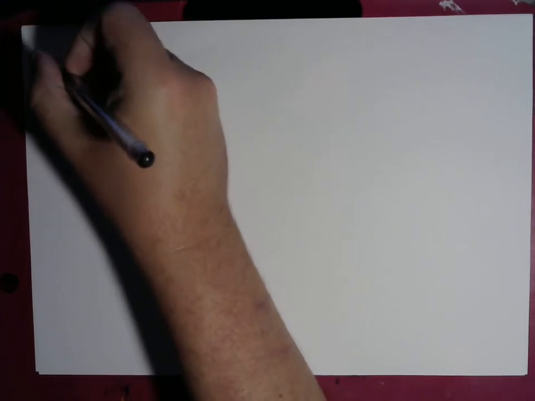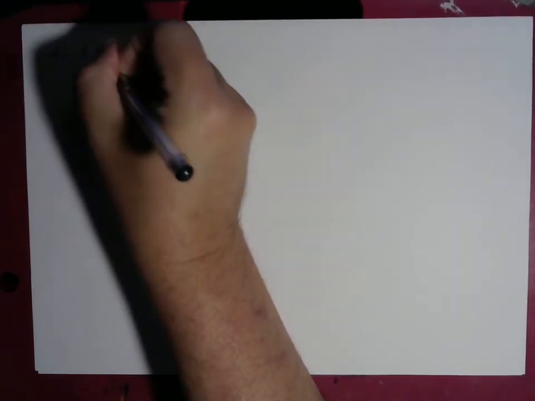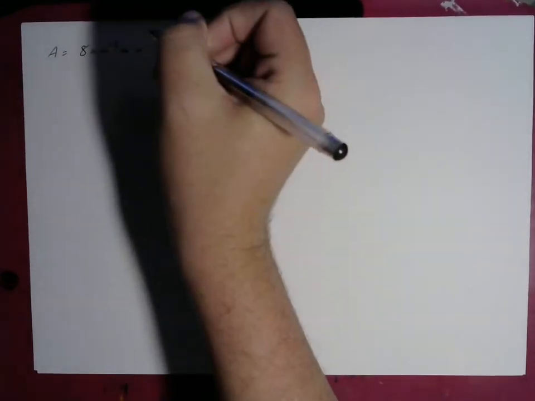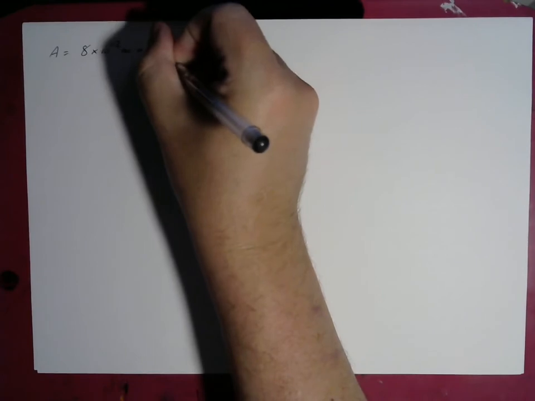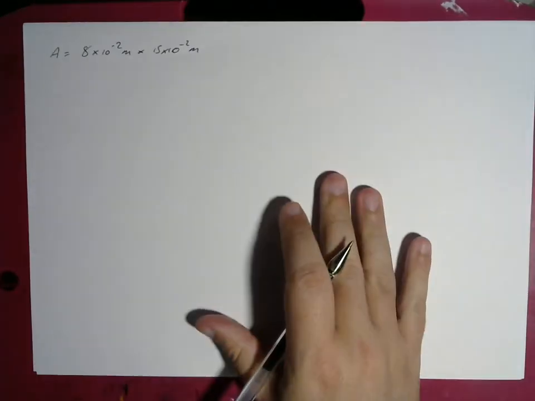We are told an area, and the area equals 8 centimeters. I'm going to convert straight away to meters, times 15 times 10 to the negative 2 meters. I would always recommend, as soon as you see centimeters, convert to meters. It's so much easier than dealing with centimeter squared to meter squared.